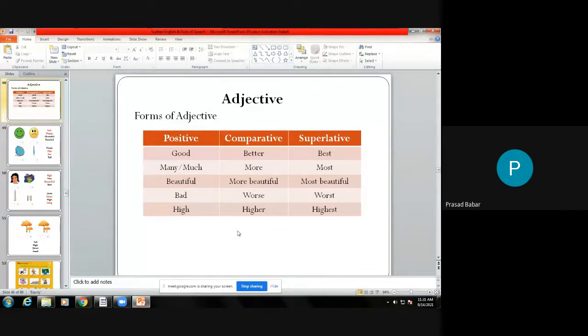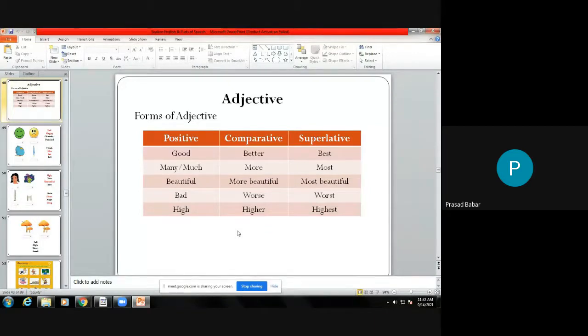So good is the positive, and when it is used in comparative, we can use it as better. So good, better, and in superlative it becomes best. So good, better, best is the first adjective. The next is many or much. Its comparative is more, and its superlative is most.